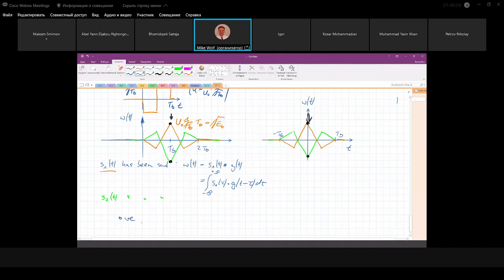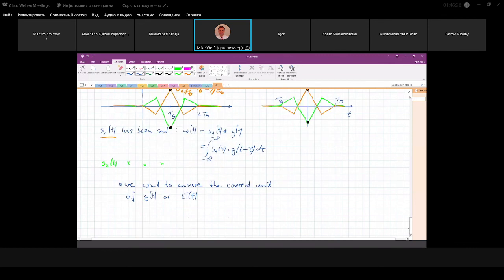Say we want to ensure the correct unit. Correct means if we want to realize this in practice, then the impulse response in the real world has a unit.